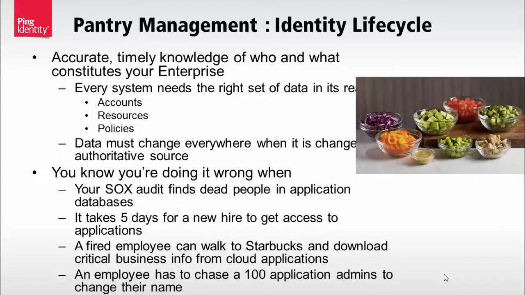However, in a cloud situation, that's not the case. So you could fire somebody, take away their network access, take away their card key, and if they're password authenticating to cloud applications, they can go to any other network location, right? Walk across the street to Starbucks, sit down, log in to Salesforce or Concur or any number of smaller cloud applications, and they can download things, they can manipulate them.